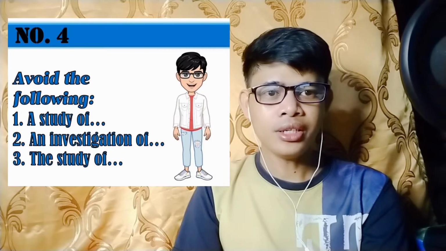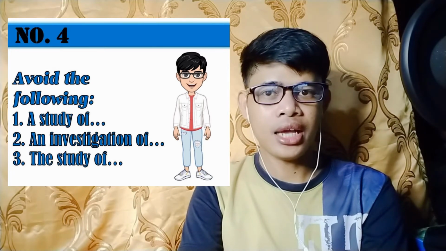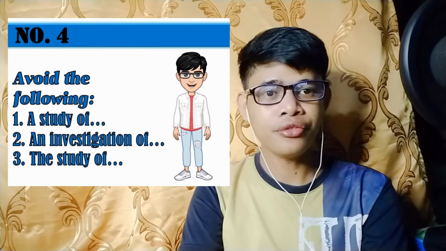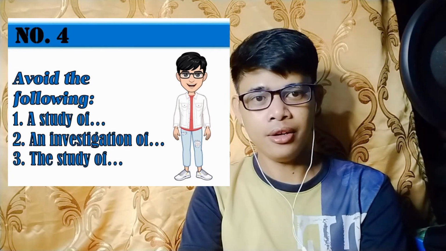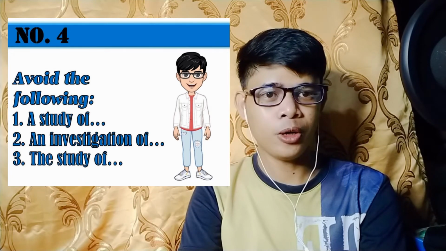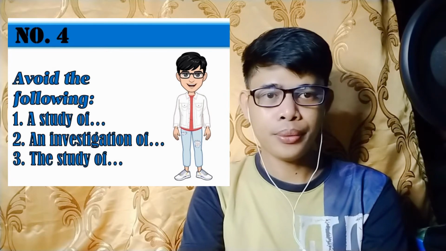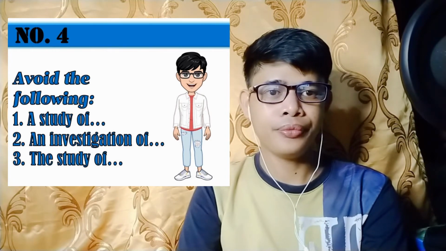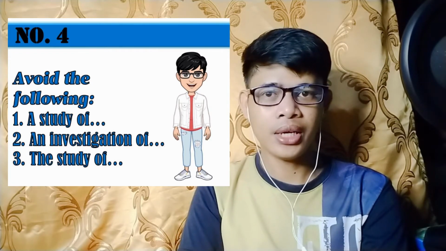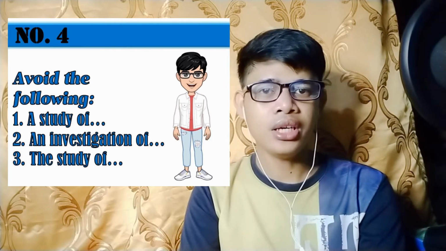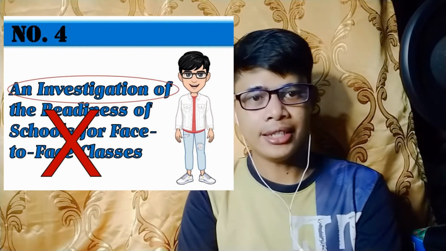Number 4, or the next tip, is avoid the following: the phrases "a study of," "an investigation of," or "the study of." This is not anymore applicable in recent times when we frame or work in writing our research titles. So, for instance, an investigation of the readiness of schools for face-to-face classes.